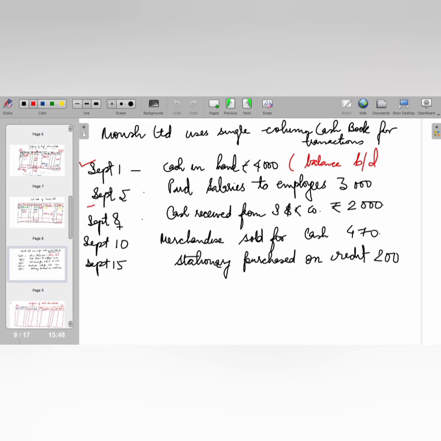Now September 8, cash received from S&K company 2,000. See, all the transactions are recorded in chronological order, so we will record in the cash book also in chronological order, date wise. So on September 8, cash received from S&K company 2,000. How will we record this?